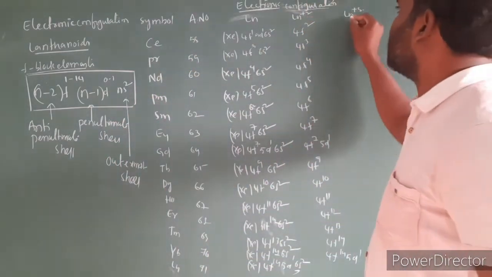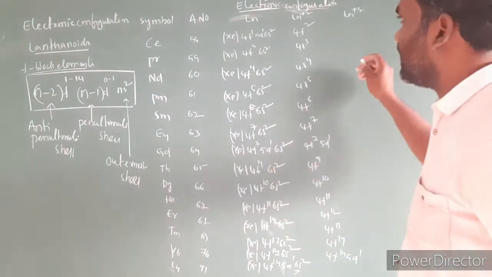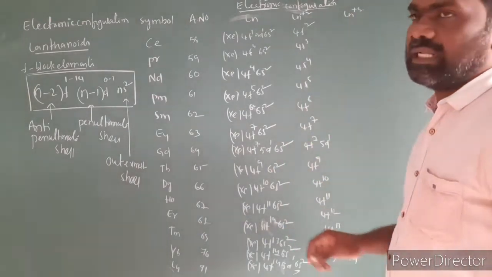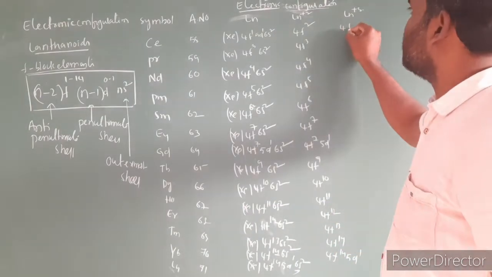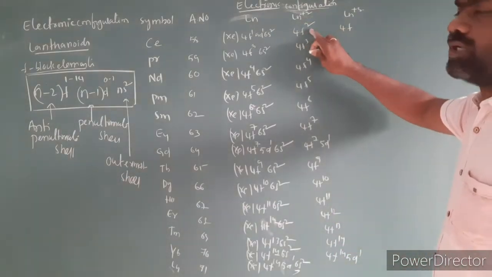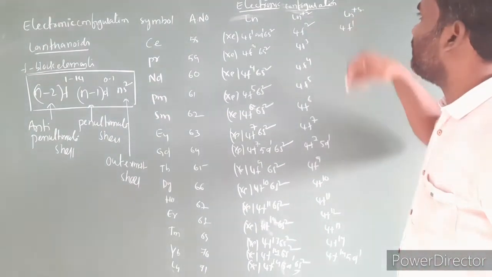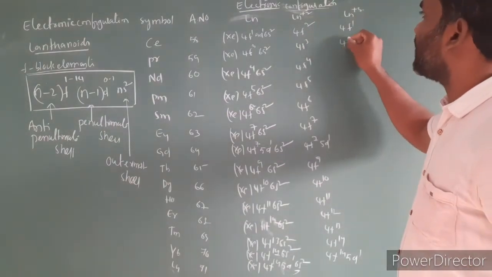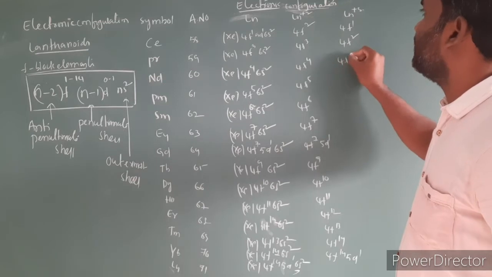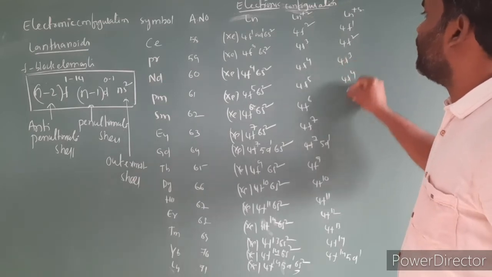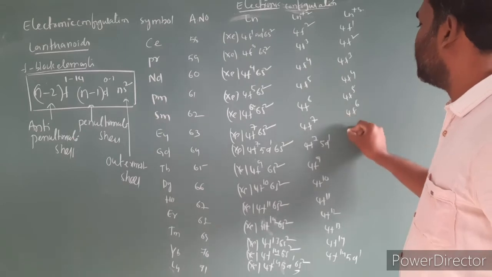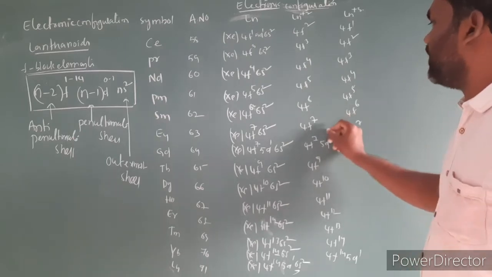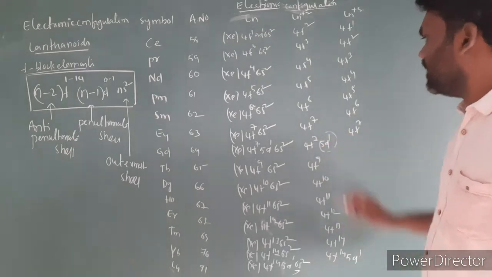After removing electrons, the Ln3+ electron configuration. In the case of Ln3+, we have to remove 3 electrons. That means one more electron we have to remove from here. You already removed 2 electrons, and we have to remove one more. This will become 4f1, remove one more electron, this will become 4f2. Then continuously 4f3, 4f4, 4f5, 4f6, 4f7. Here we have to remove an electron from the d orbital.